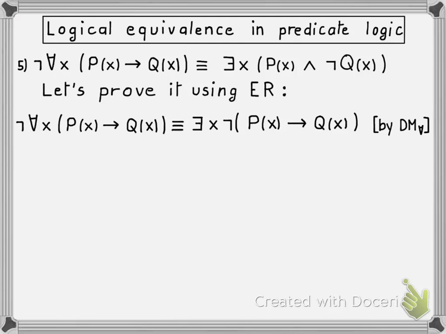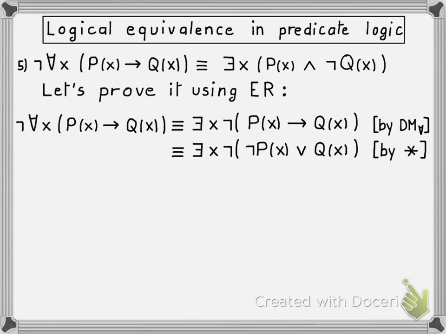Now, we have a conditional, so we can always replace the conditional with a disjunction, as we saw in the previous lecture. P of x implies Q of x is equivalent to not P of x or Q of x. Remember, we didn't give a name to that logical equivalence other than calling it with the asterisk.